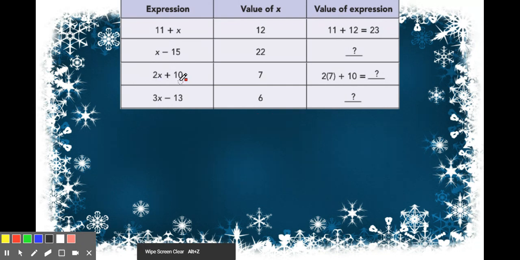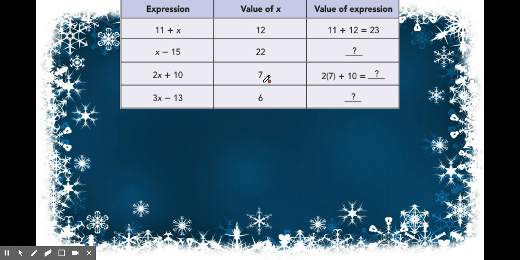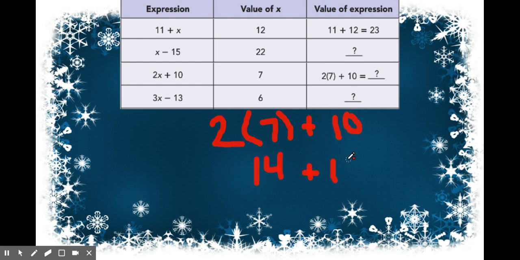Our next one, we have 2x plus 10, and I know that x is 7. So instead of 2 times x, I have 2 times 7 plus 10. 2 times 7 is 14 plus 10. That gives me 24.